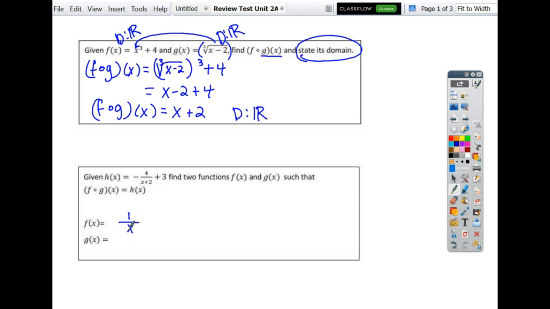And I know I'm going to substitute x + 2 in for my x. But what's missing now? I'm missing the negative, the 4, and the plus 3. So now if I substitute this into my f, I end up with this equation here. So that works.